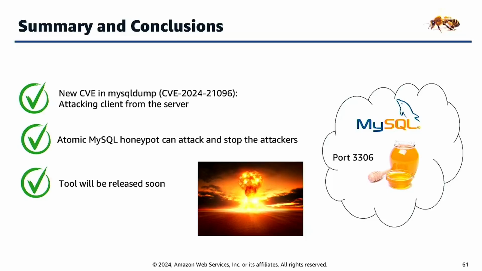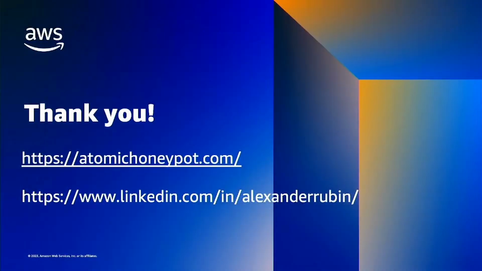And what will happen in this case, the payload, the evil code, is a part of the text file, a part of your mysqldump backups. Atomic Honeypot can attack and stop the attackers potentially, and the tool will be released soon. That's it. Thank you very much.